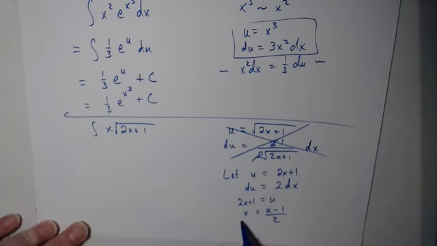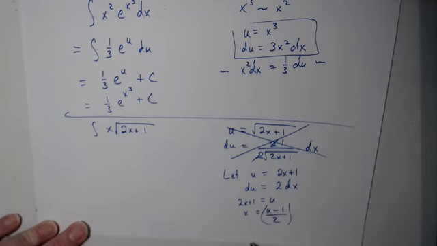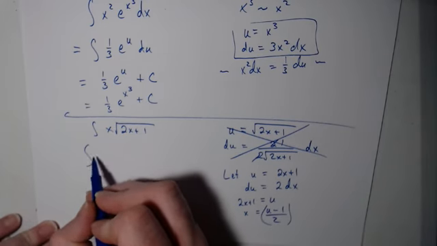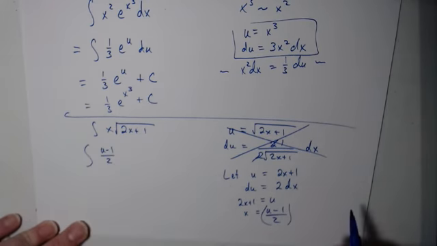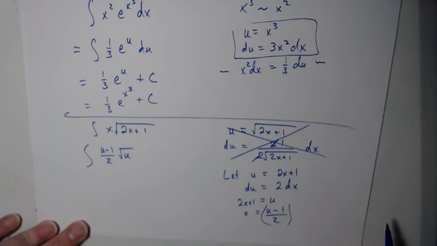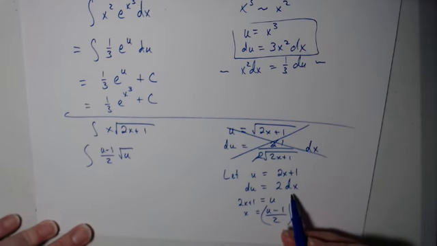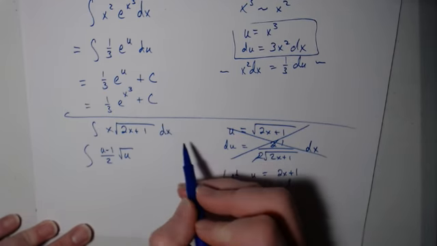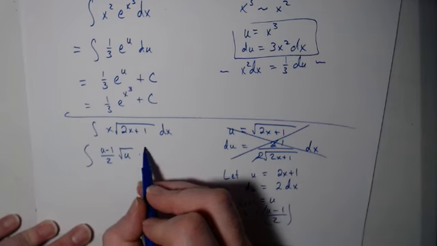So we can replace x with u minus 1 over 2. We can replace 2x plus 1 with u. And we can replace dx, oops, I never wrote dx, with 1/2 du.